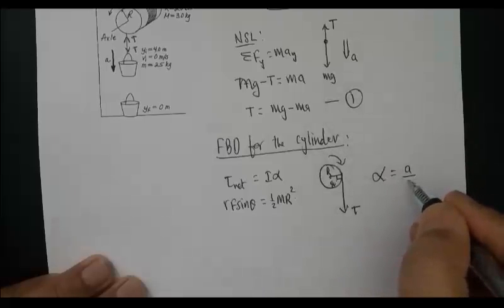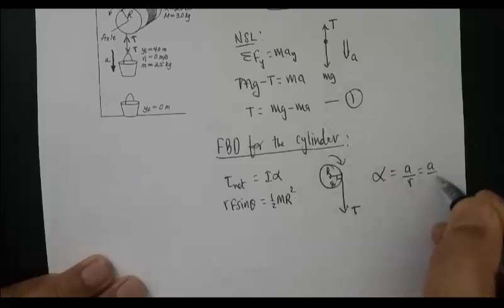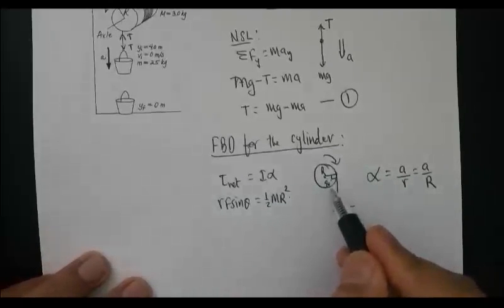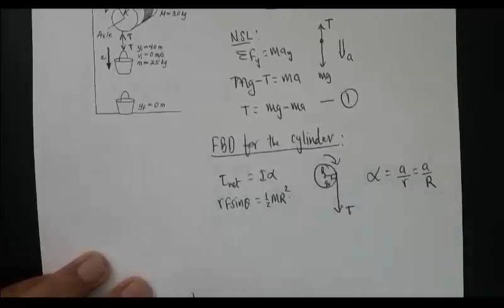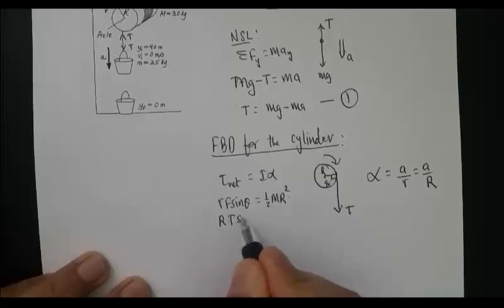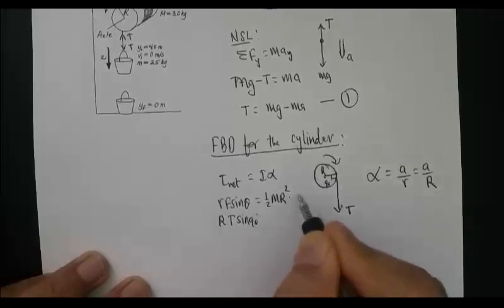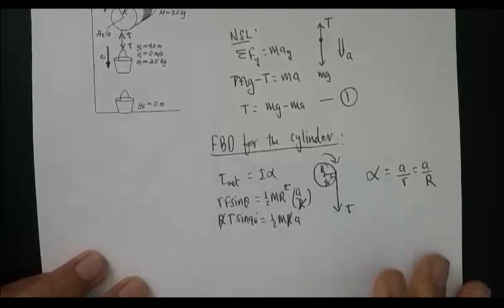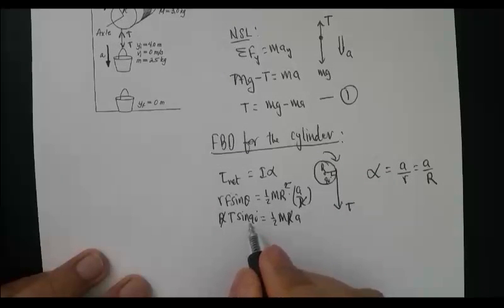Alpha is a over R, because the string is attached to the circumference and the radius is just big R. So R is the radius, F is tension, sine of 90 degrees, and alpha is a over R. One R will cancel out, giving 1/2 M R a. Again one R cancels out, and sine 90 is 1, so tension is 1/2 M a.